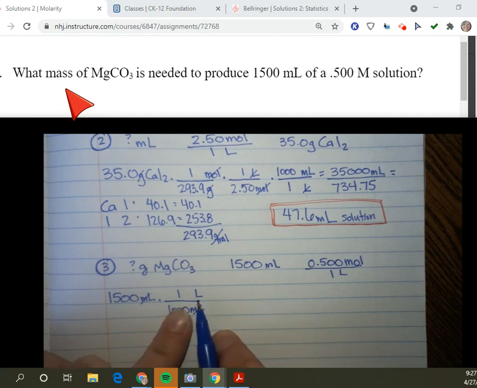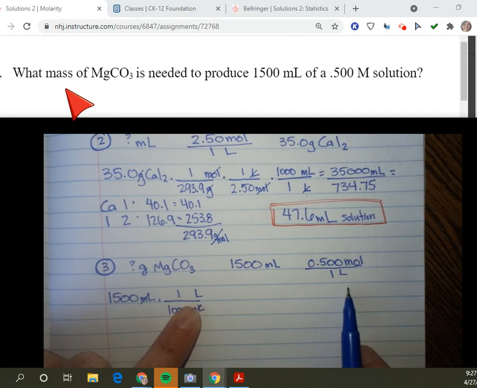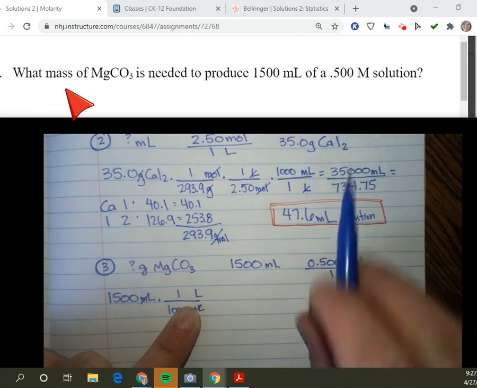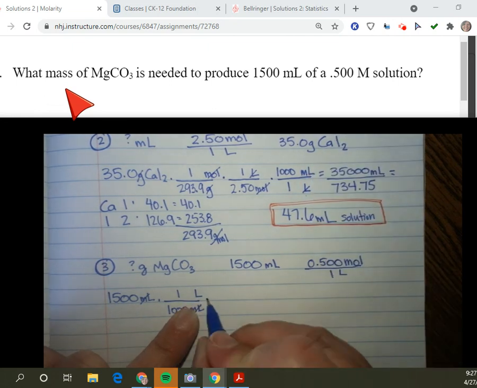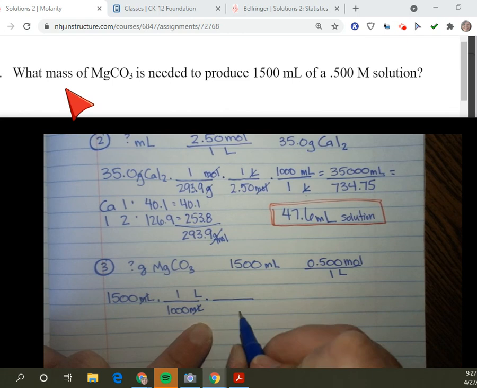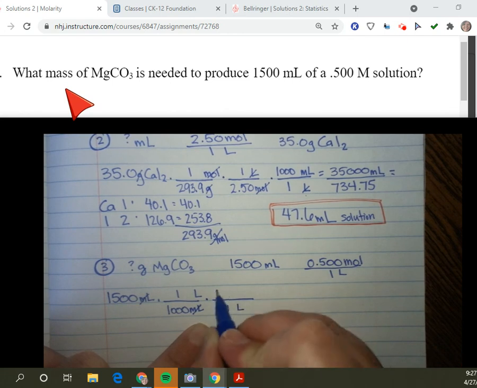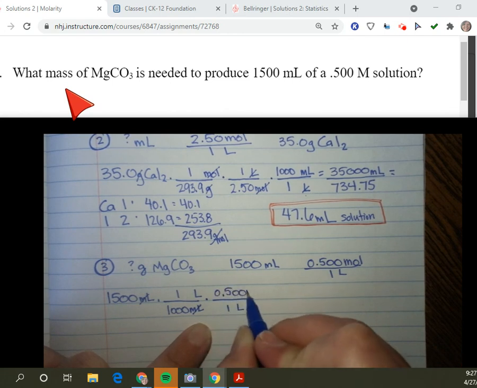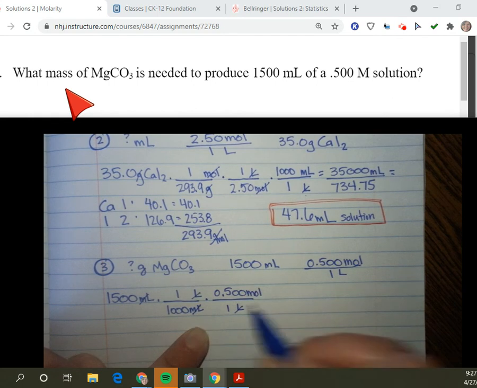Okay, now we have liters. What can we use to get rid of liters? Our molarity. That molarity that's given to us in our problem is what we're going to use to get rid of liters. Okay, so our liters cancel.